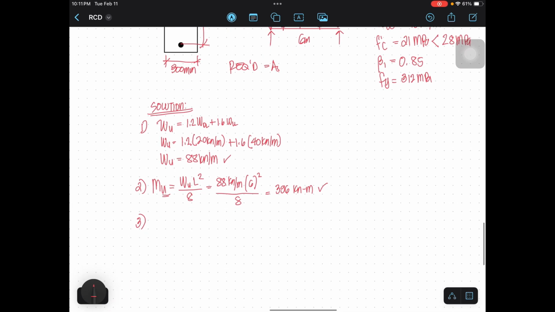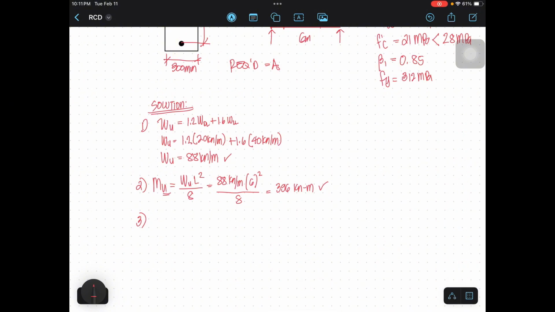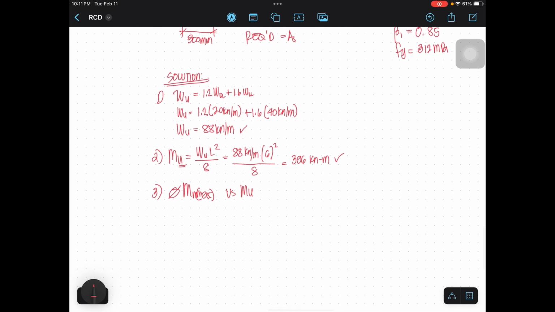Okay? In order to double check if SRB tayo or DRB, kailangan i-compare natin yung reduction factor ng maximum, okay, versus sa MU natin. Okay, so kailangan muna natin i-compare yung maximum moment versus the ultimate moment.